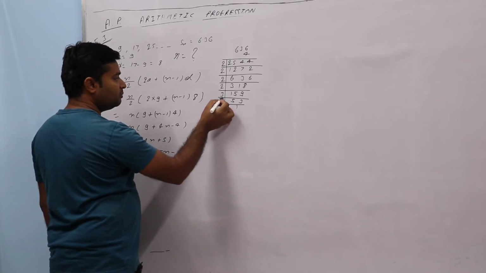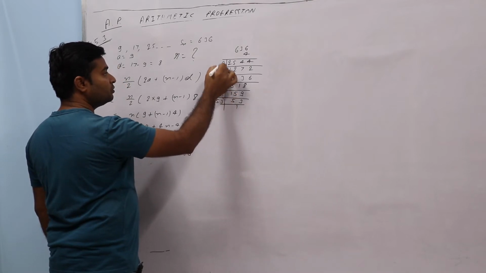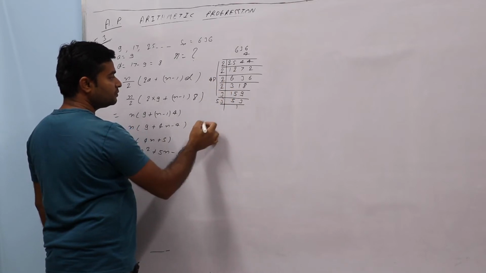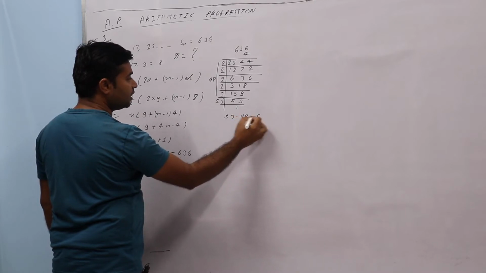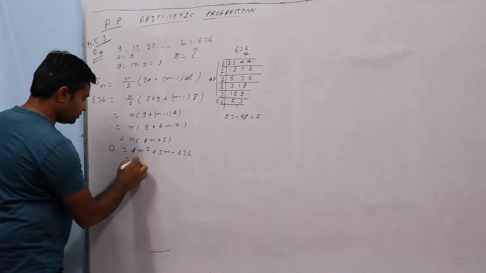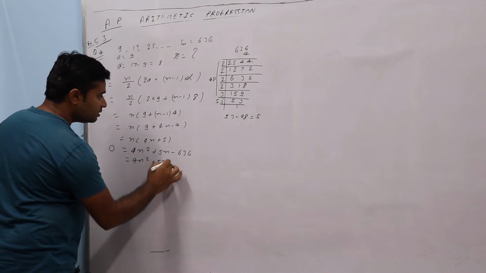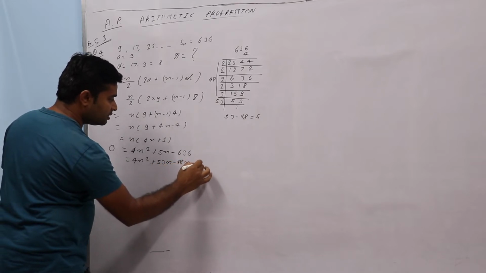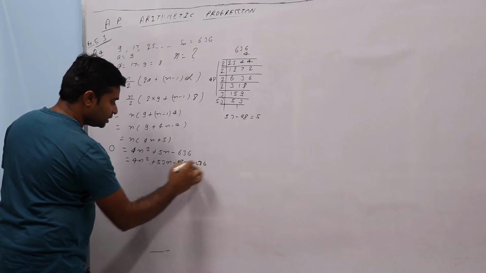So one term is 53, and the other is 48, by halving 48, 24, 12, 6, 3. And 53 minus 48 we are getting 5 also. So we can use this: 4n square plus 53n minus 48n minus 636.